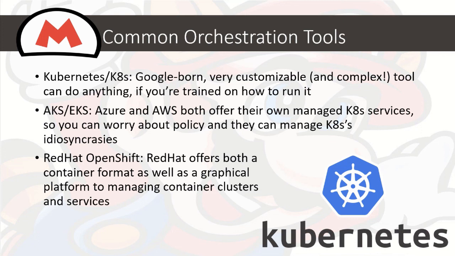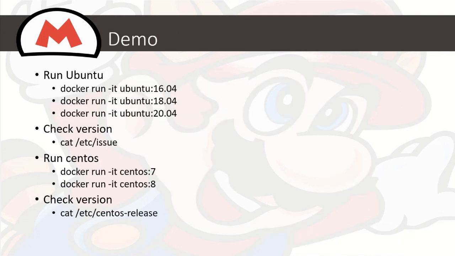Okay, let me take over for 1 minute, and I have a little demo for y'all. We went back and forth on what to do for a demo: should we build a container? Should we push it to a registry? Should we run it? We decided on something simpler. You can see on screen, these are one-liner commands once you have Docker installed, which you just download and install, and they will spin up a container for these specific runtimes.